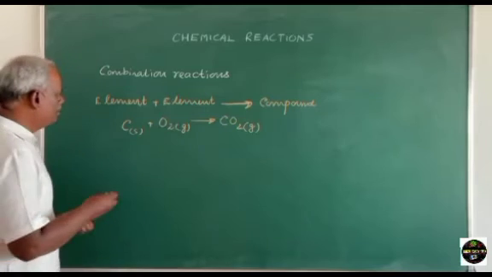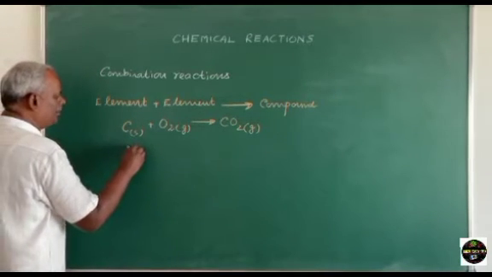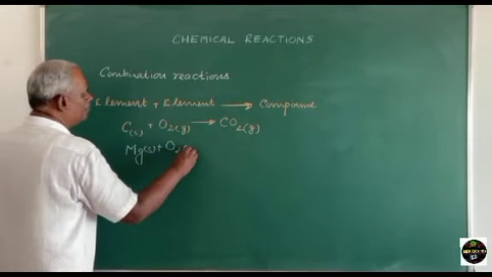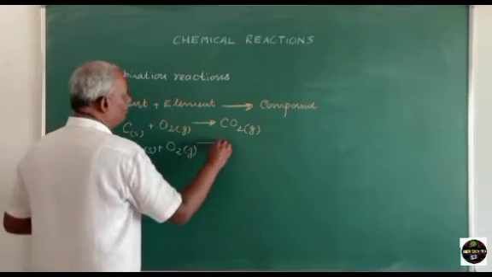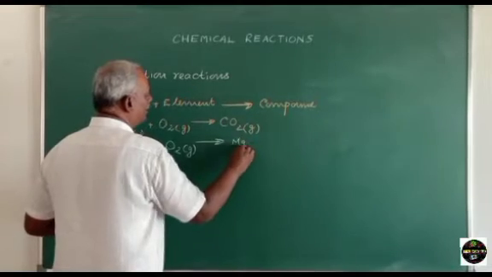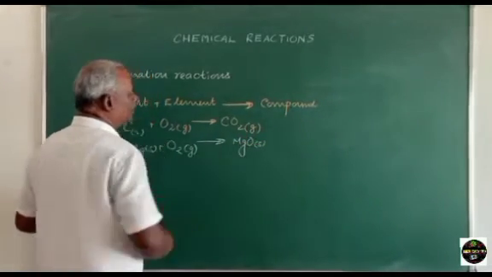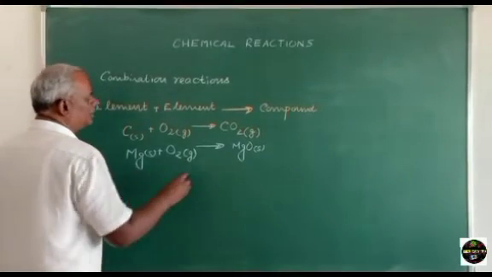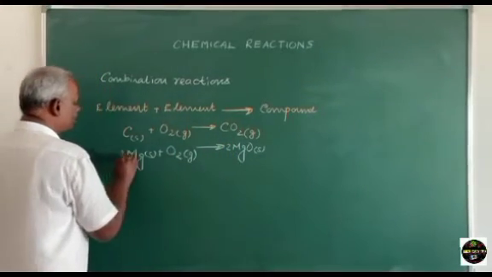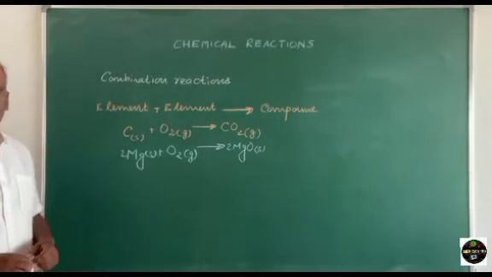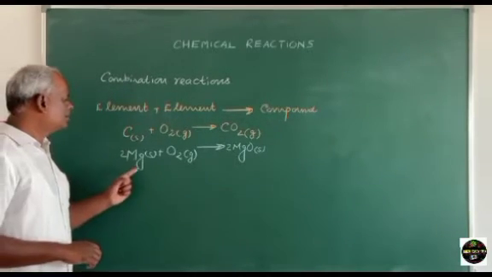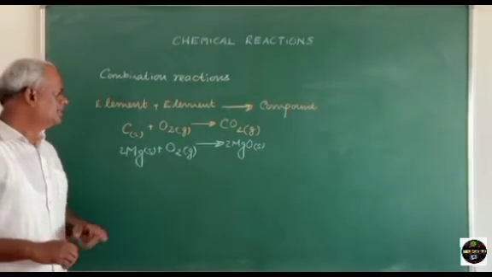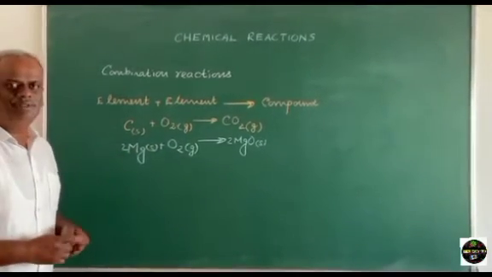Burning of magnesium metal ribbon: magnesium, which is in the form of solid, on burning with the help of air, we will get magnesium oxide, which is a solid. And we can have the balanced form of the equation as follows. So magnesium combines with oxygen to form magnesium oxide. That is also an example of a combination reaction.